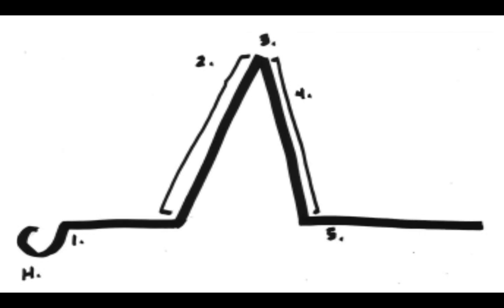Please take a moment to pause the video and draw this chart on one of the pages of your reader's notebook. When you have finished drawing, continue the video for what comes next.